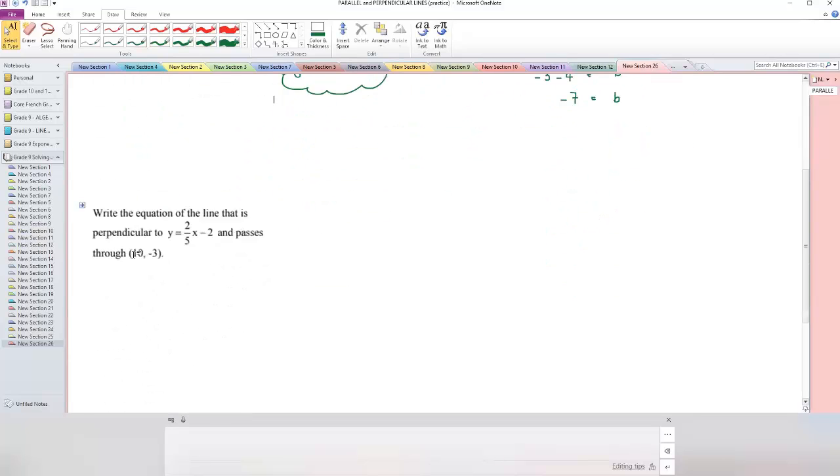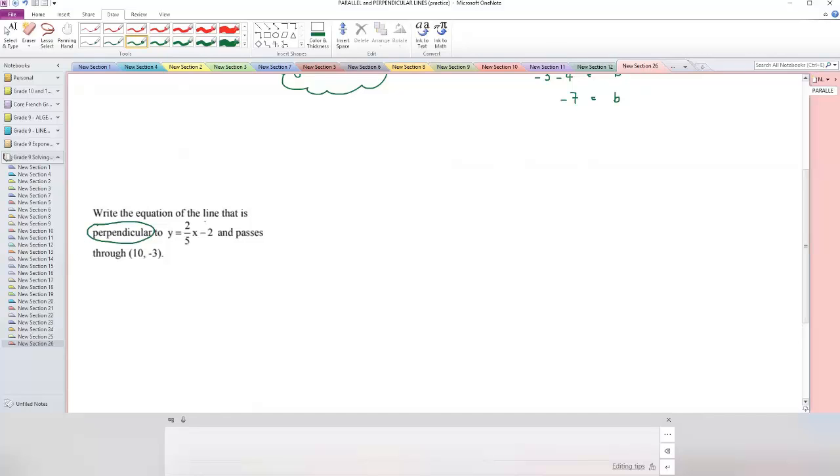Let's see another type of problem. Write the equation of the line that is perpendicular to y = 2/5x - 2 and passes through this point. Now, the keyword here for sure is perpendicular.